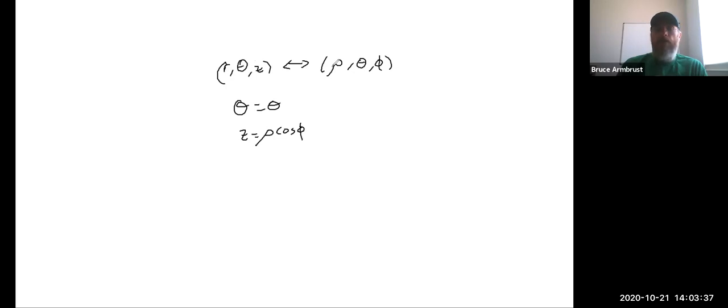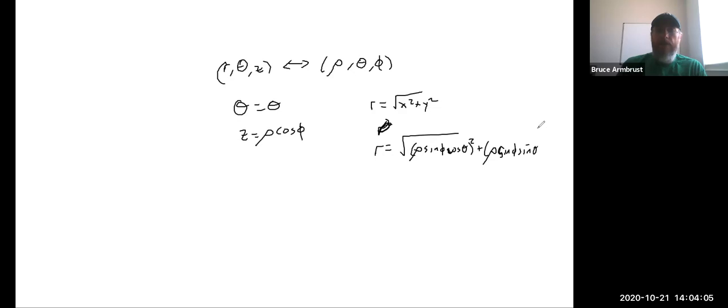Then if you want to go from r, think about how r is the square root of x squared plus y squared. So r is going to be the square root of rho sine phi cosine theta squared plus rho sine phi sine theta squared, which, if you just trust me, gets you r equals rho sine phi if you do a little bit of trig identity work with the thetas.